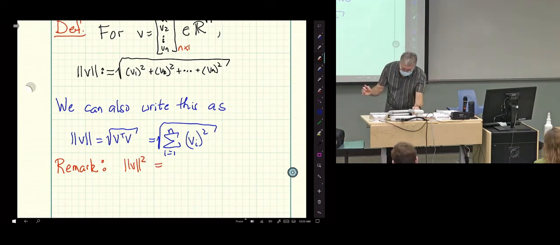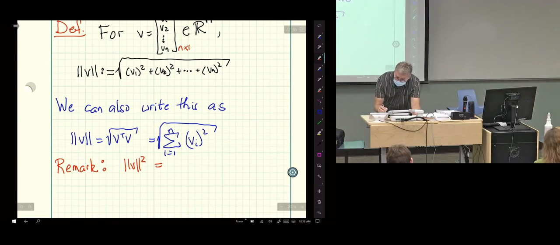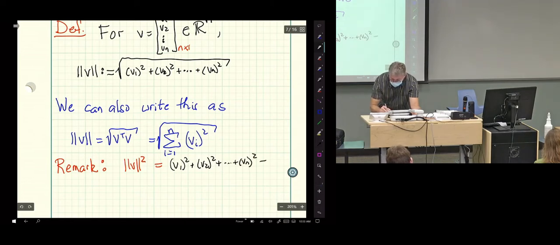It's this very tiny little remark, but it's sometimes really useful. So this becomes v1 squared plus v2 squared plus dot, dot, dot, vn squared, but that's v transpose times v.